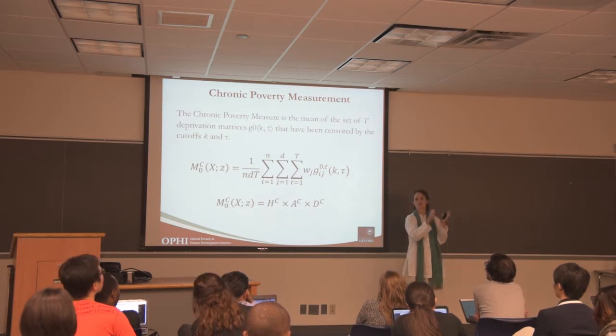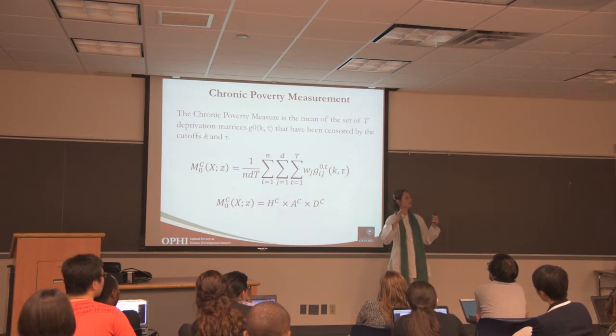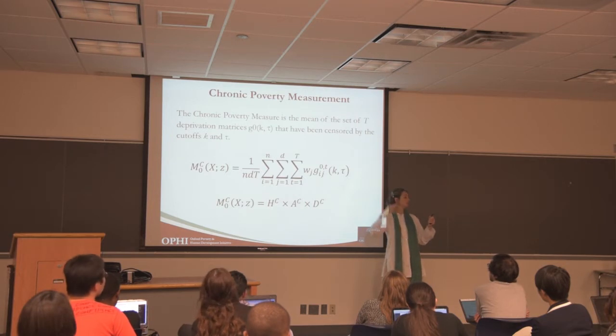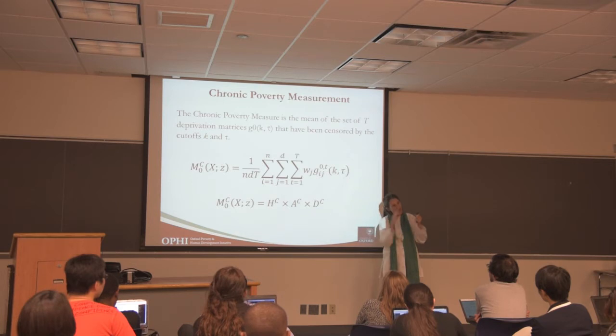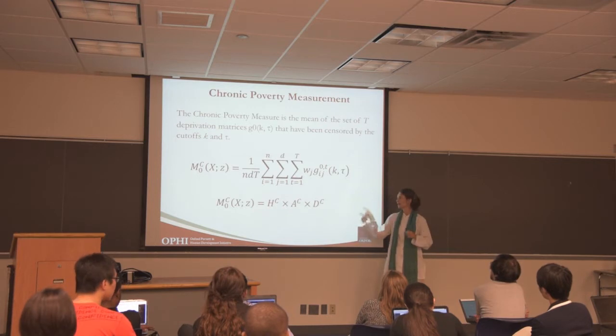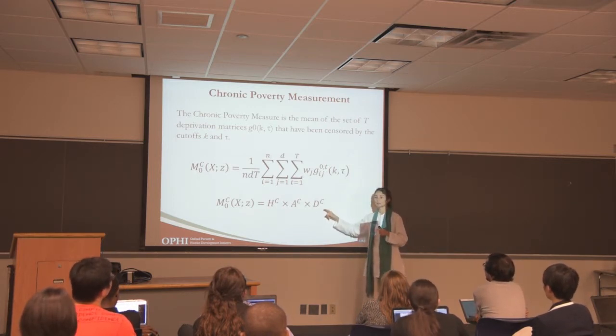So if tau was 50%, what's the average percentage of periods in which each chronically poor person was poor? It could be 50%, it could be 90%, it could be 100%. So what's the average duration of chronic poverty among the people who are chronically poor? So again, the denominator is the people who are chronically poor, chronically multidimensional poor.